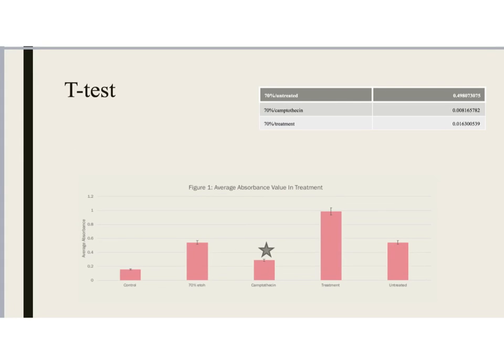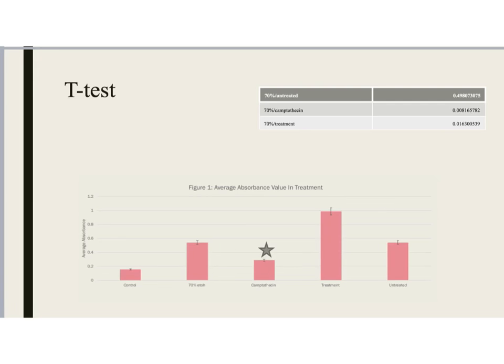So looking at my t-test, this data was generated using the WST8 reduction to determine cell viability and measurement at 450 nanometers.